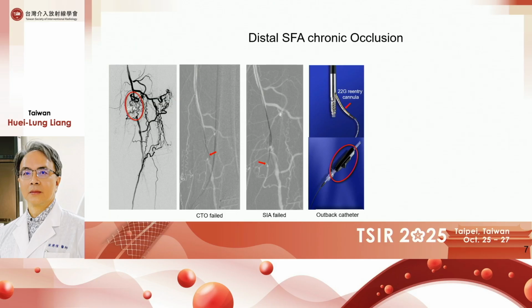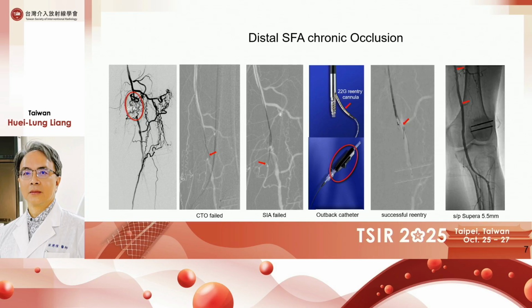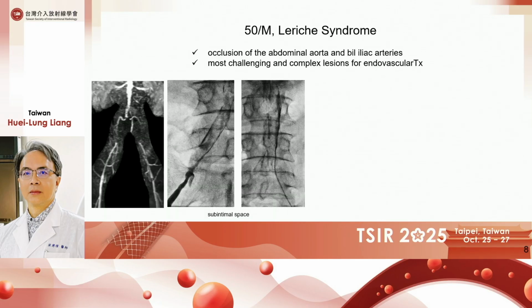We can use an Outback reentry catheter which can laterally protrude a 22-gauge reentry cannula after pushing forward the button at the catheter hub, which will pierce through the intimal flap into the true lumen, as in this patient.